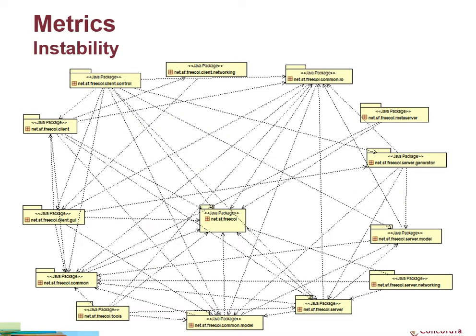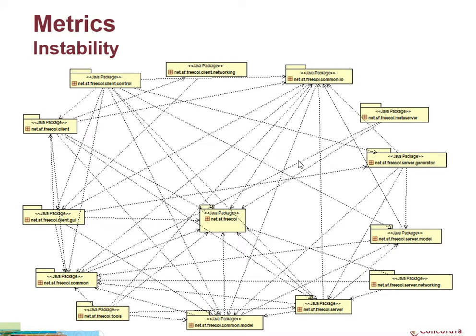We have computed two kinds of metrics on this software, instability metric and cyclomatic complexity. As you see here, we have chosen some packages which are the main, more important packages in the program, and using Object-Aid UML, we have generated the dependency between packages here.